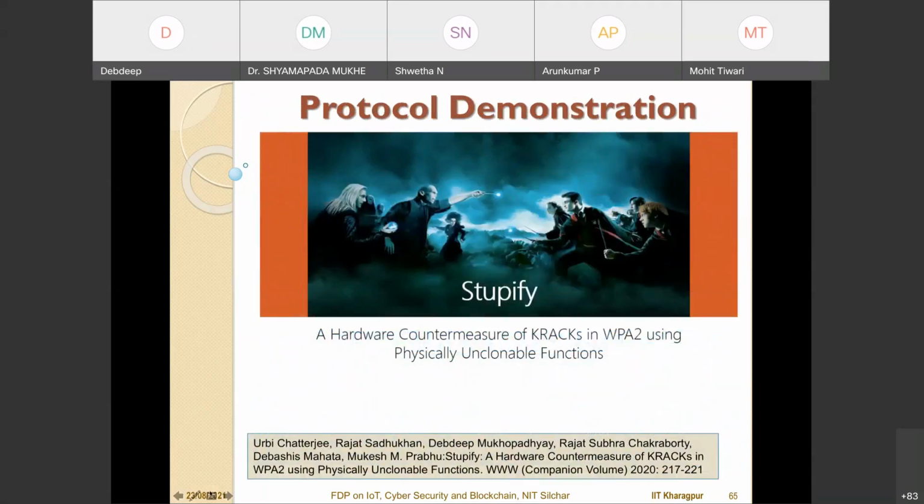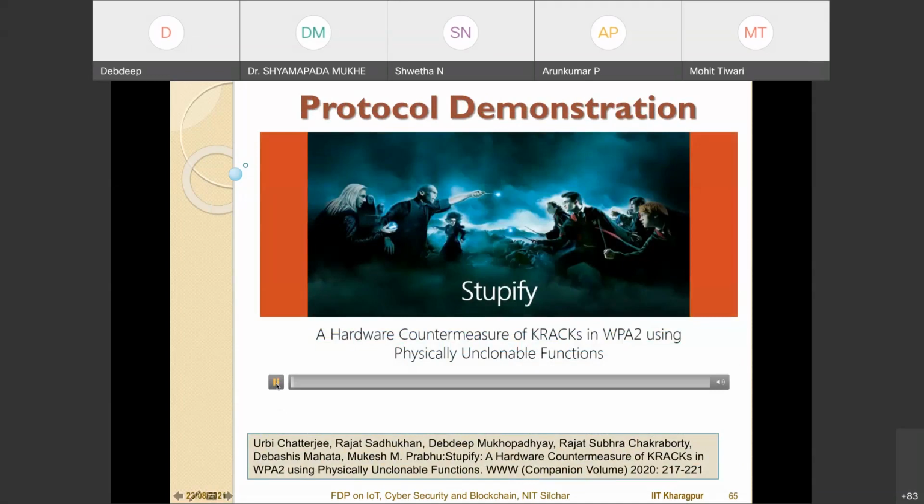So finally, we also use this PUF and apply it for preventing another very popular attack on a wireless protocol, which is called WPA2. And I will just try to play this. Hopefully you can hear it.